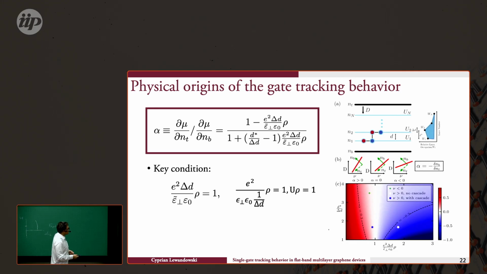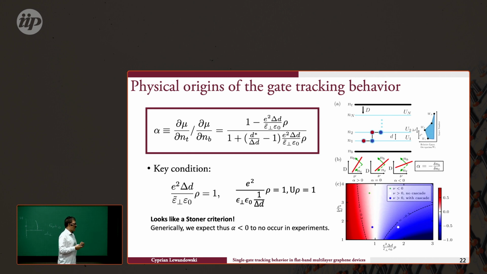And the way perhaps you can interpret why this happens is that if I rearrange this condition, I find that I can perhaps put it in the form of a Stoner criterion, which is controlled by the perpendicular dielectric constant. Now if I think about it on a very pictorial level, the dielectric constant that you actually need to include to account for the screening from remote bands, if you're doing a Hartree-Fock calculation, is going to be bigger than that.